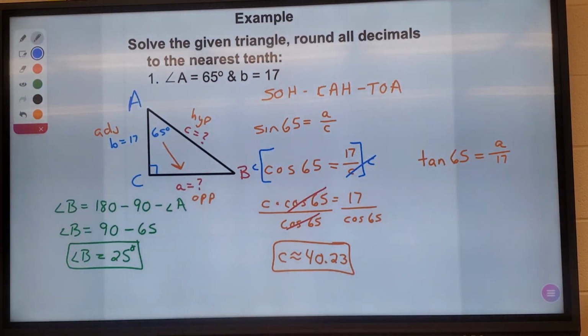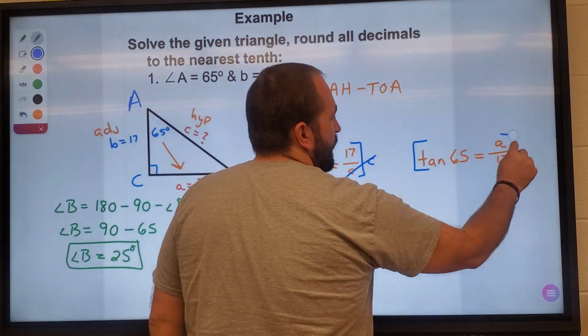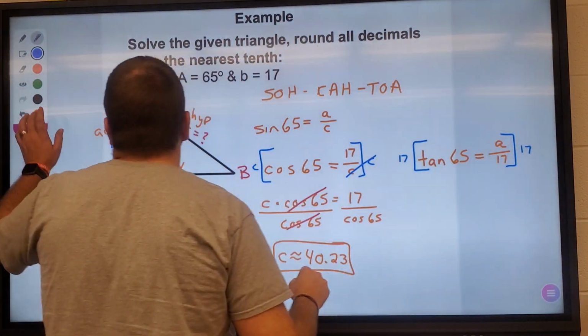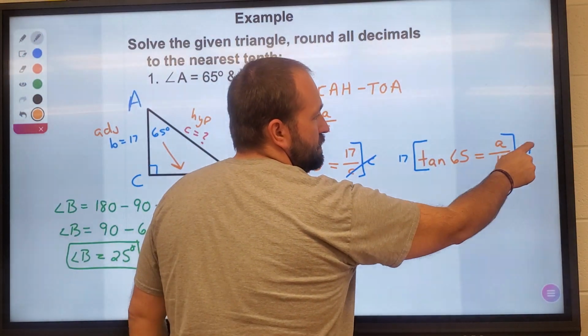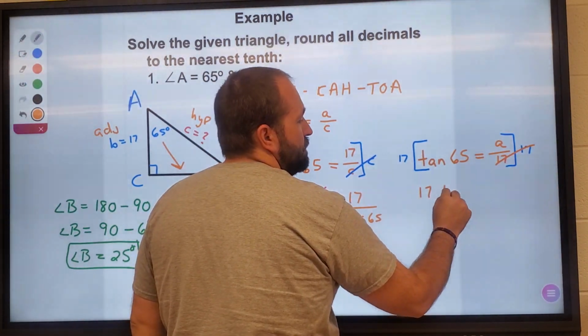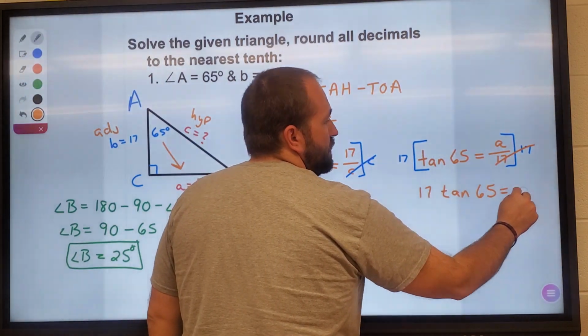I want to multiply both sides by that denominator so that we can eliminate the fraction. The nice thing with this is that when I multiply by the 17 now in the denominator, it goes ahead and isolates the A. A is now by itself. So I have 17 times tangent of 65 is the value of A.